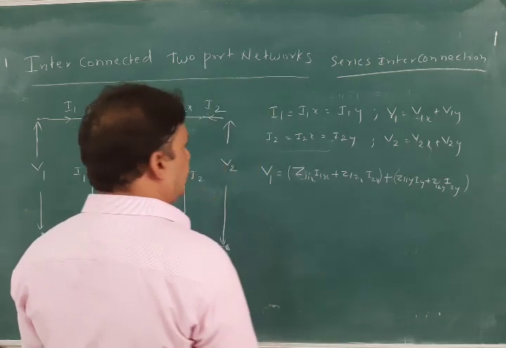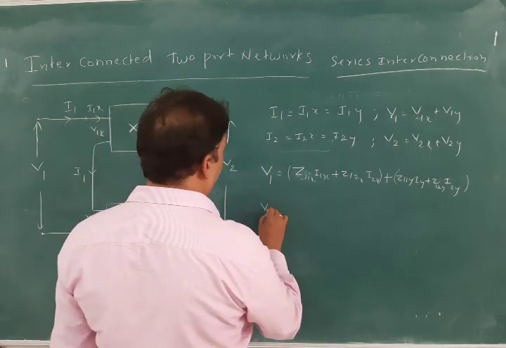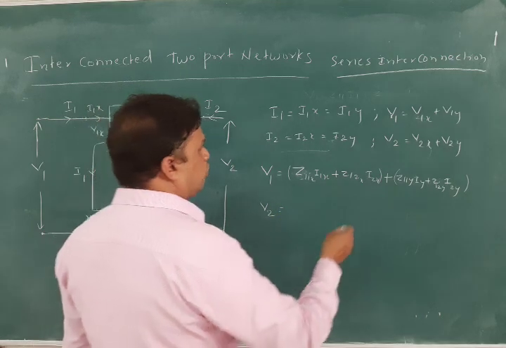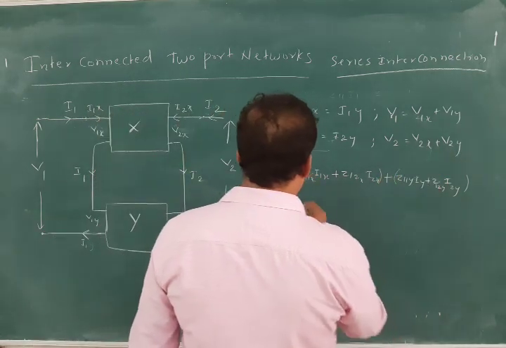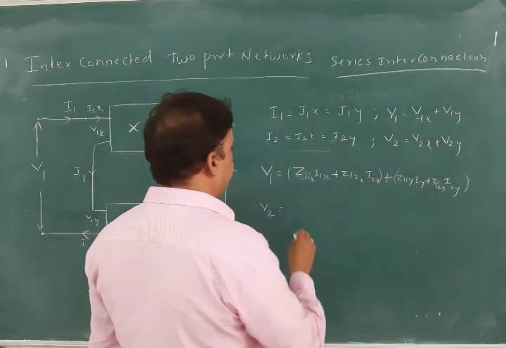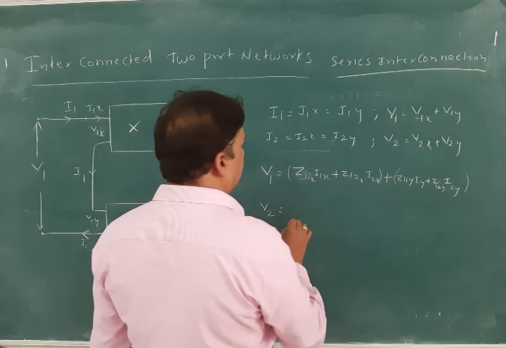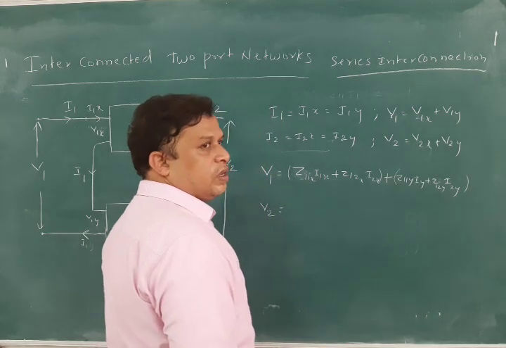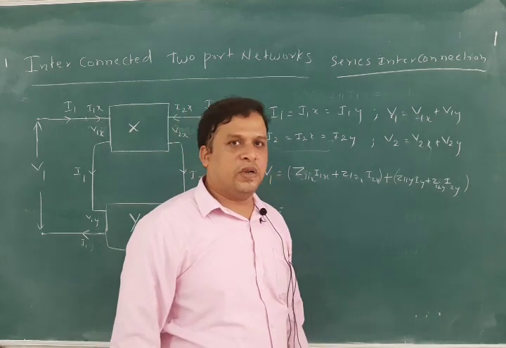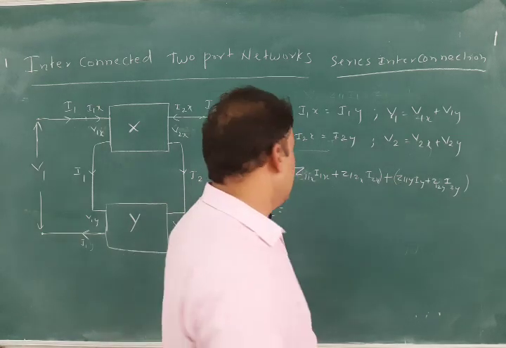Now we have to write V2 also. V2 is nothing but V2 of x plus V2 of y. How to write this equation, V2 of x plus V2 of y? V2 is nothing but Z21 I1 plus Z22 I2, and Z21 I1 plus Z22 I2. So we will write this again.